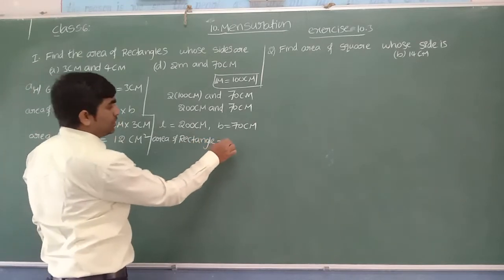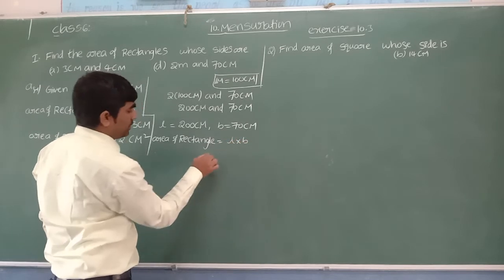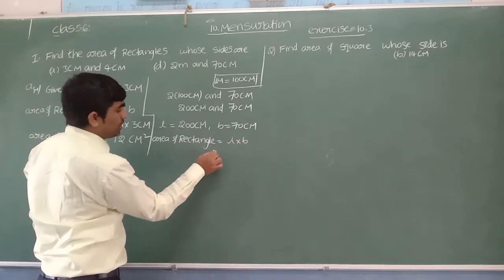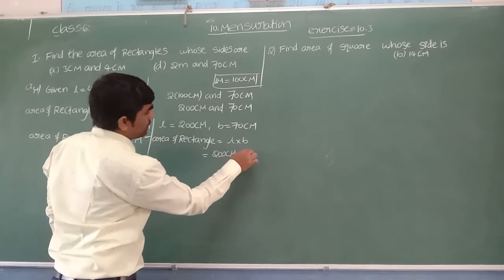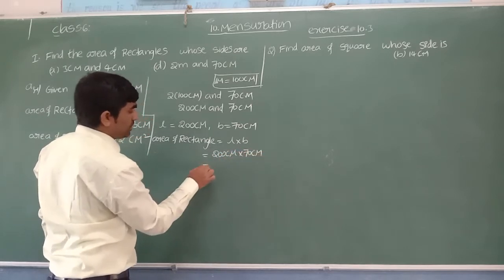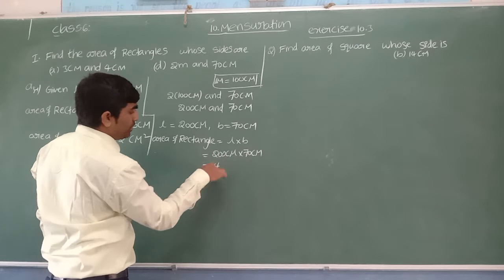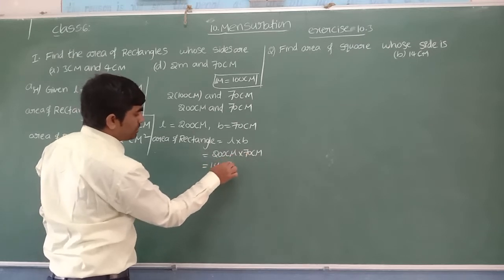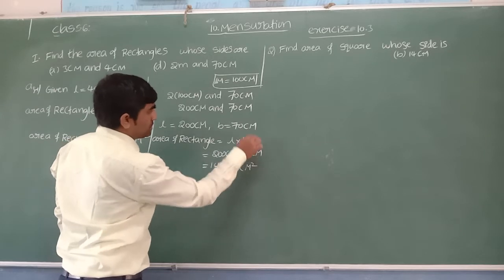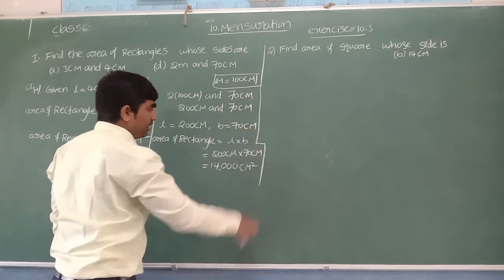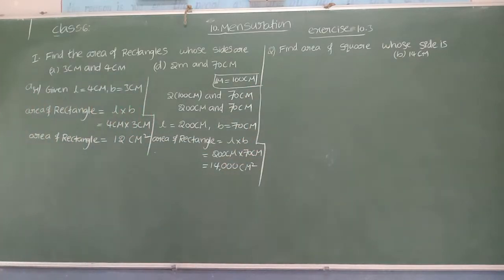Length into breadth. So write here length into breadth, where length is 200 centimeters into breadth is 70 centimeters. 2 7s are 14, and 3 zeros. 14,000 square centimeters. So that is the way you can find the area.